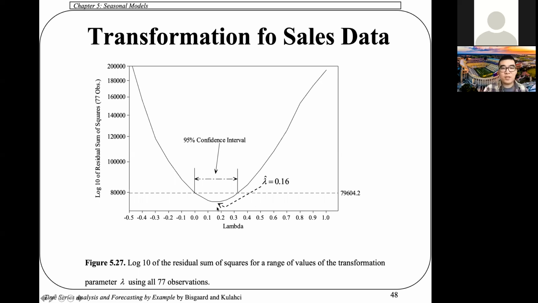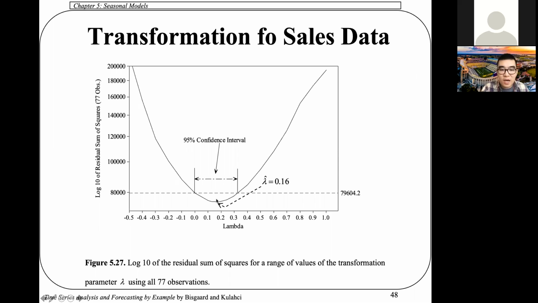In this figure, the textbook considers a very wide range of lambda from -0.5 to 1, and for each lambda, it calculates the sum of the residual errors. For example, at lambda equal to -0.5, the log 10 of the residual sum of squares is approximately 20,000.